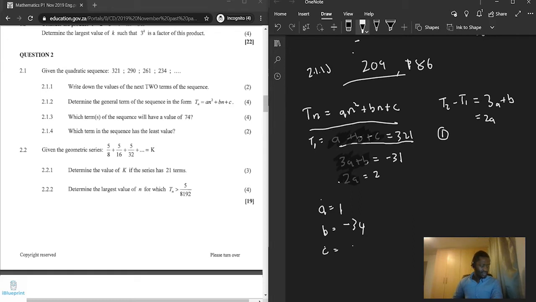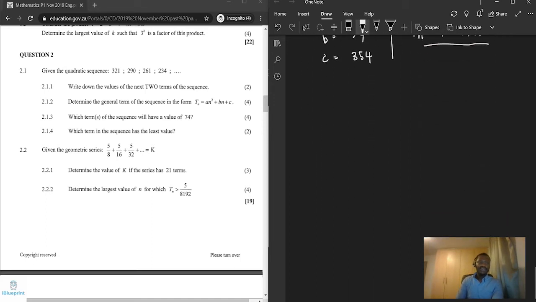So c is going to be 354, which means your equation is Tn equals n squared minus 34n plus 354. That is our equation. This is 2.1.2 done.